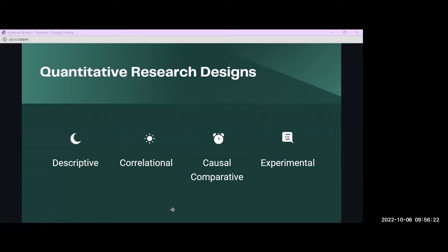We want to know how many are males, how many are females, what are their socioeconomic status. So if you want to describe the current status of the identified variable, like a profile variable, then the descriptive design is utilized.